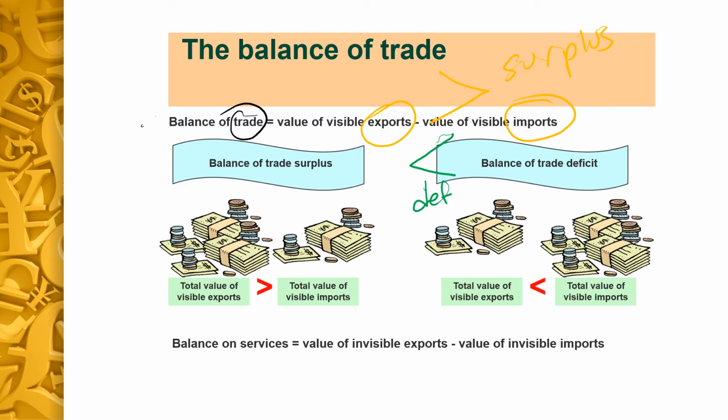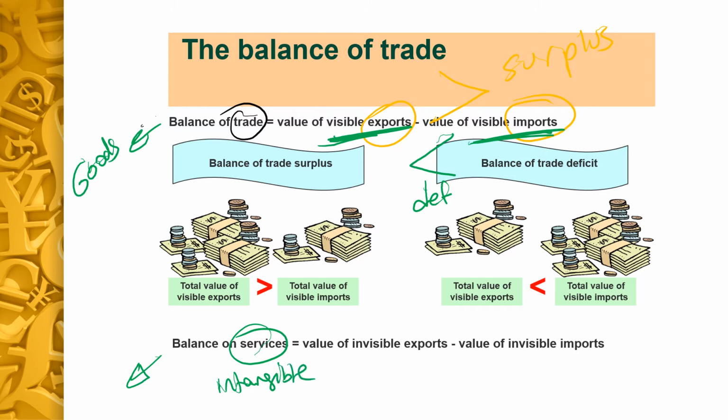All right? This is how I would be calculating the balance of trade, where I'm talking about the trade of goods. This is why I said visible exports and visible imports. And when I am to calculate the balance on services, remember services are intangible. So therefore, in the formula, I would be talking about the invisible exports and the invisible imports.